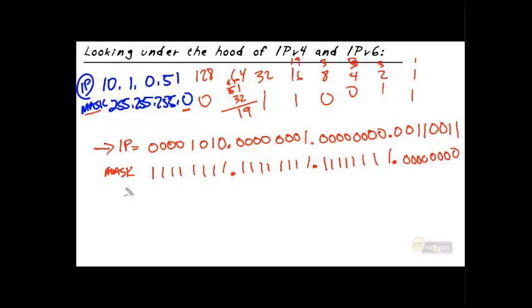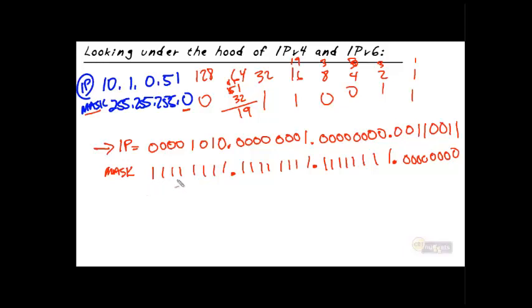The job of the mask is very, very simple. Brace yourselves for impact. The purpose of the mask is to tell us where the dividing line is between the street name, the network name, and the house number or the host number. And it works like this.